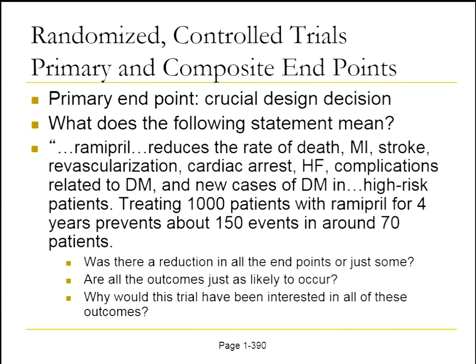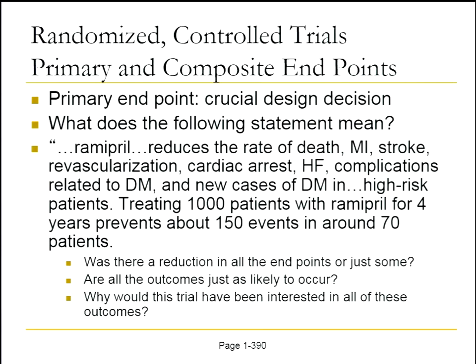I want to read to you a statement from an important clinical trial from several years ago that shows the confusion that sometimes results when we use multiple composite endpoints. Ramipril reduces the rate of death, MI, stroke, revascularization, cardiac arrest, heart failure, complications related to diabetes, and new cases of diabetes in so-and-so. What the heck does that mean?